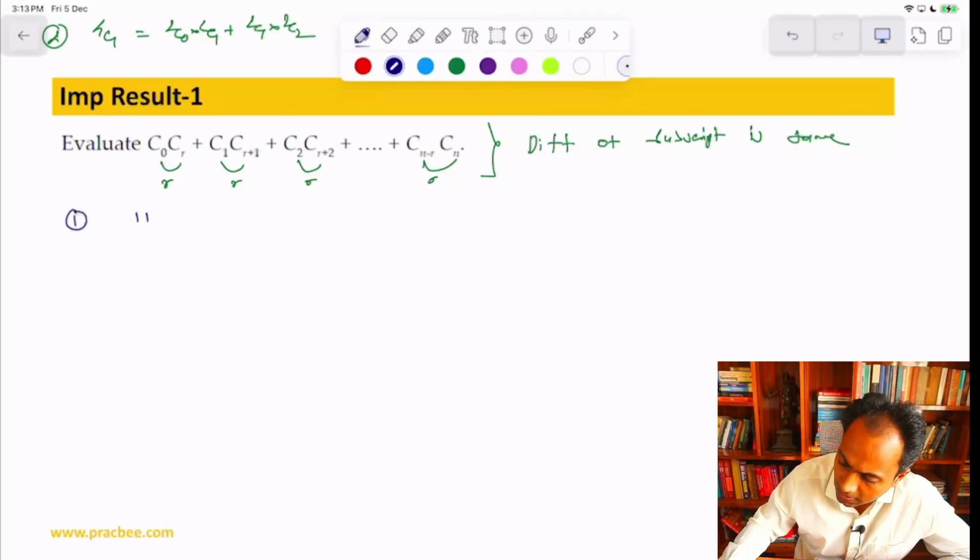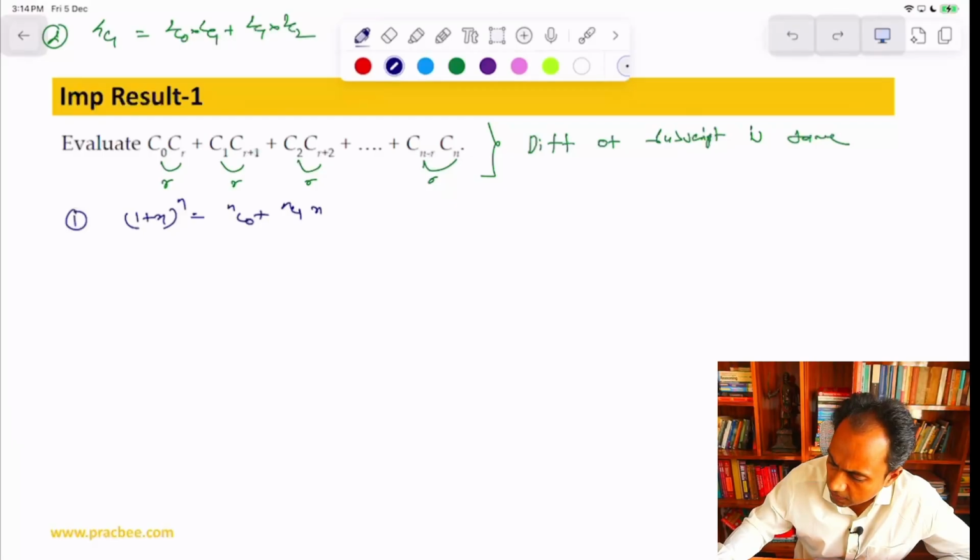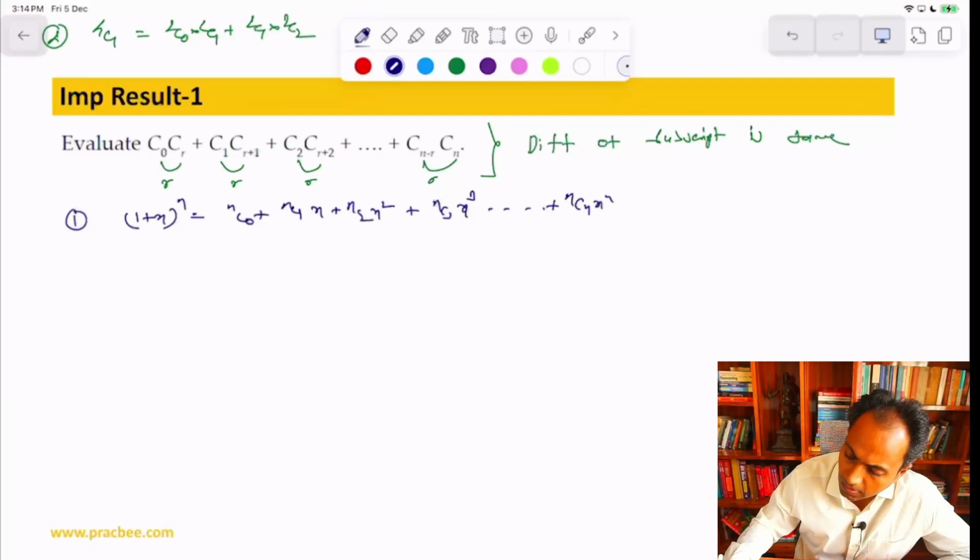First, we are going to write the expansion of 1 plus x raised to the power n: nc naught, nc1x, and this is the same thing that we did earlier as well, nc2x square, nc3x raised to the power 3, so on and so forth. We'll go till ncn x raised to the power n. Now, since the difference is same, we are going to, in the second step, replace x by y and y by x, to change the order.